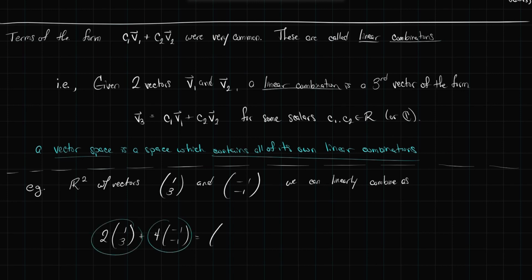How does scalar multiplication work on these, by the way? I didn't necessarily go over that yet, but I think everybody assumes you just distribute across. So I'm going to get 2, 6, plus -4, -4. And then how do you add things? You just add across and across. We end up with -2, 2. So -2, 2 is this particular linear combination of 1, 3 and -1, -1.